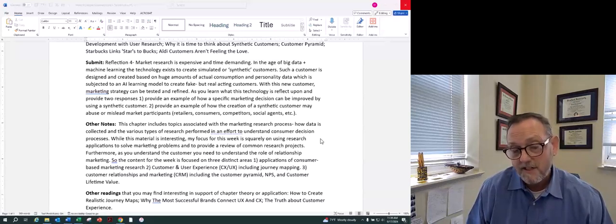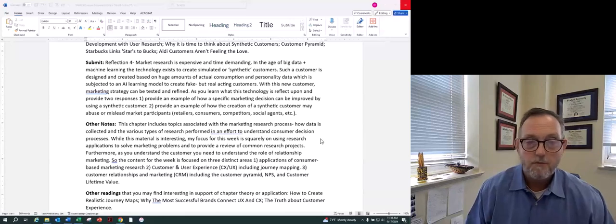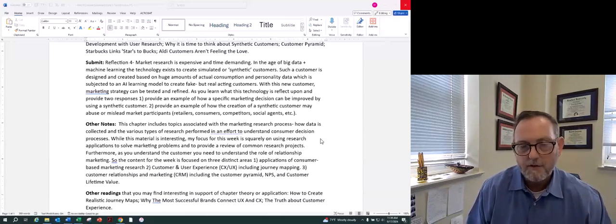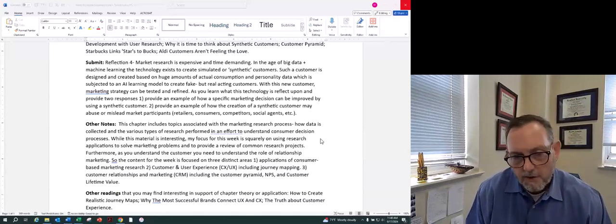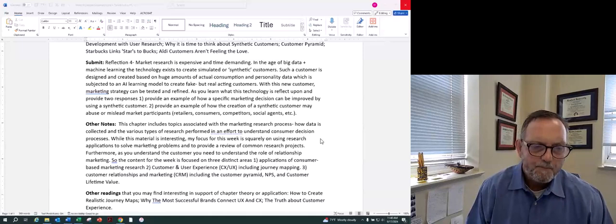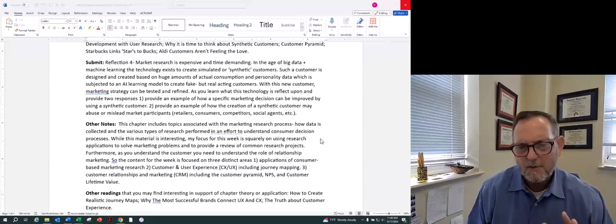Things like price sensitivity analysis, customer profiling, and descriptive research, which they talk about with the 5 W's and an H, in terms of that model you'll see in the reading. There are other applications that deal with perceptual mapping and all kinds of other things. So we talk a little bit about applications of research.